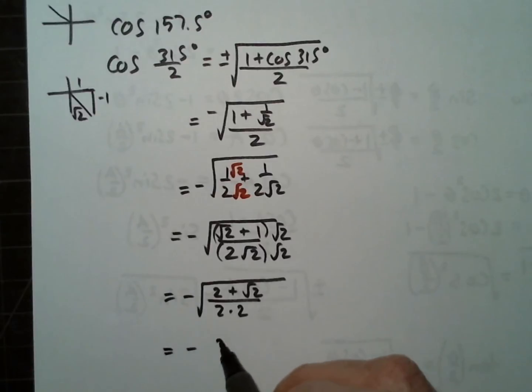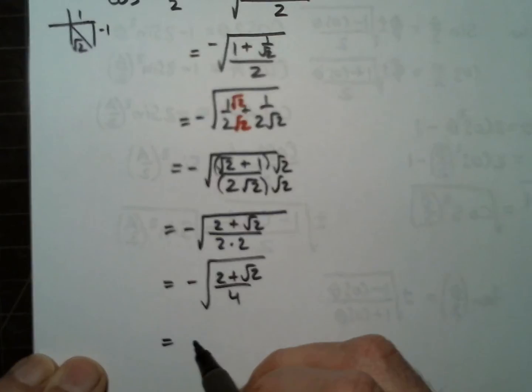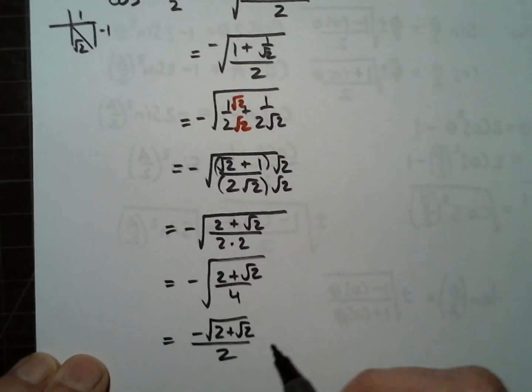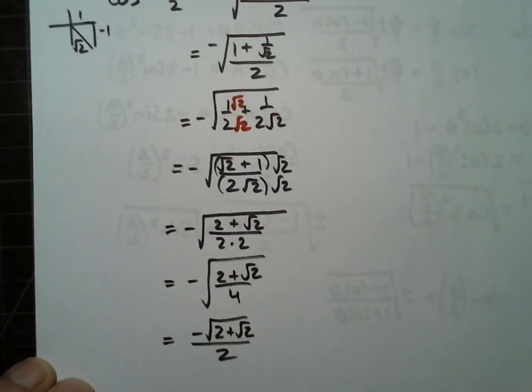And that'll be 2 plus radical 2 over 4, which could be written as 2 plus radical 2 over 2 because the radical 4 comes out as a 2.